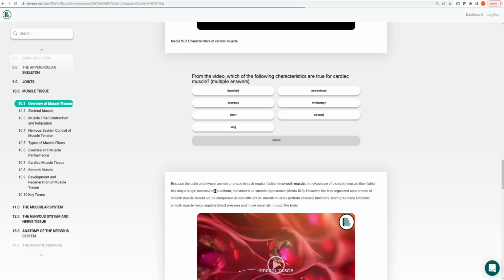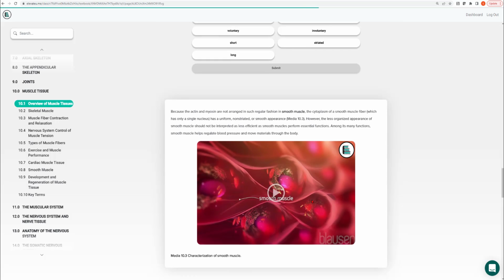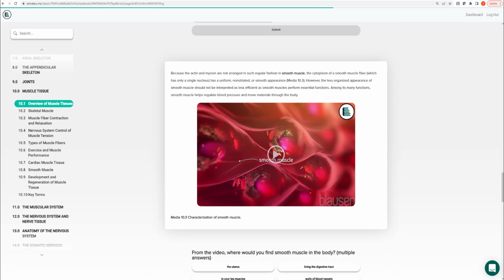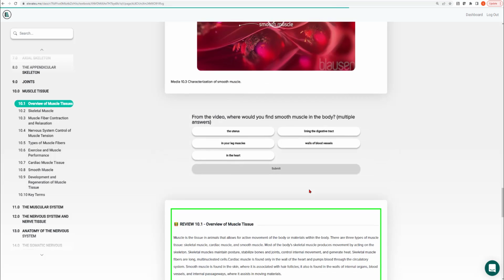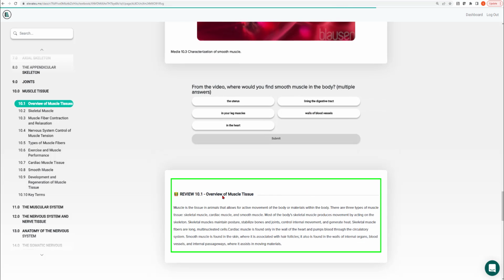The cells are single, uniform cells, and they are said to be fusiform in shape. You'll see that word coming up in a minute, but they are that cigar shape. Again, watch the video on smooth muscle, appreciate the differences. And that's the end of 10.1, a very quick review of the muscle types.